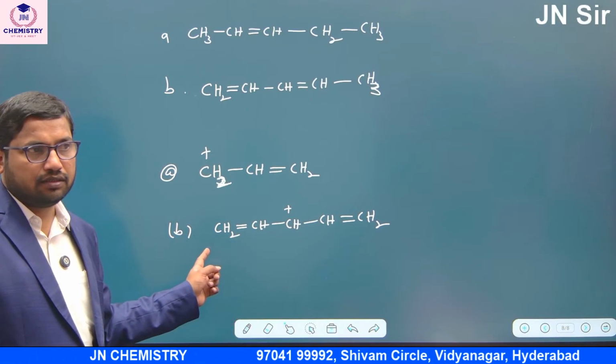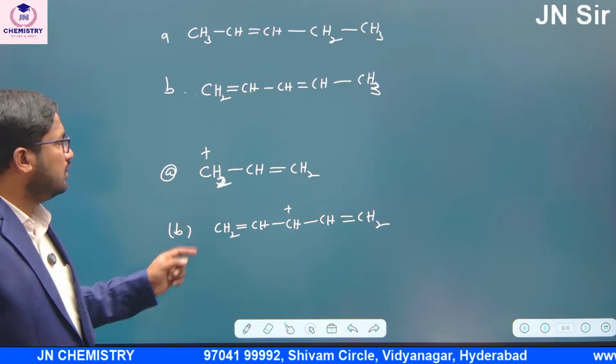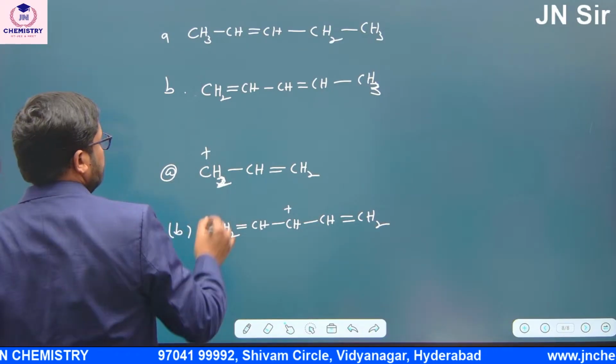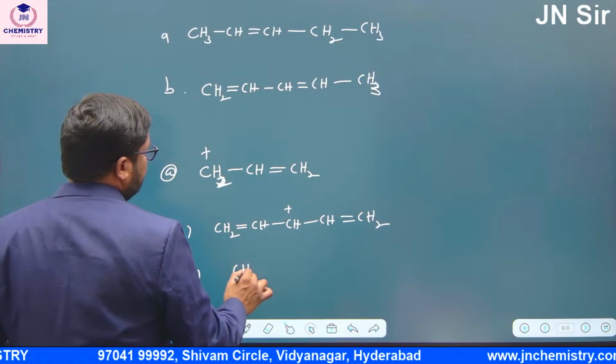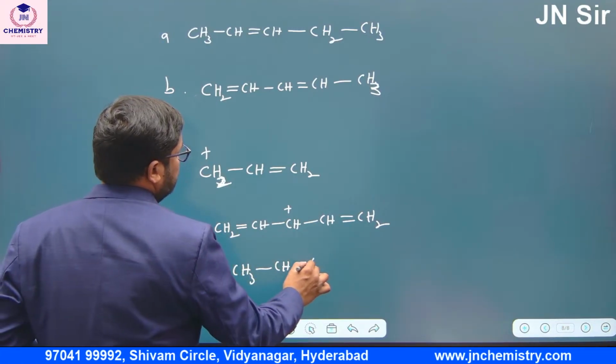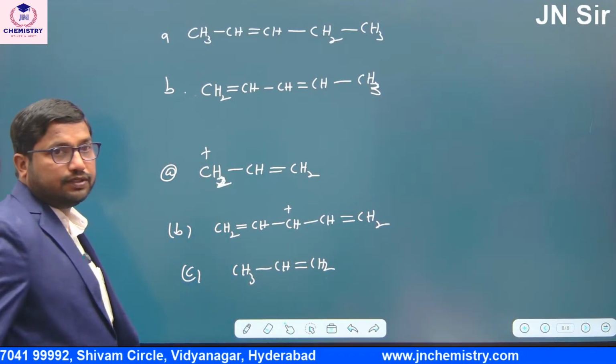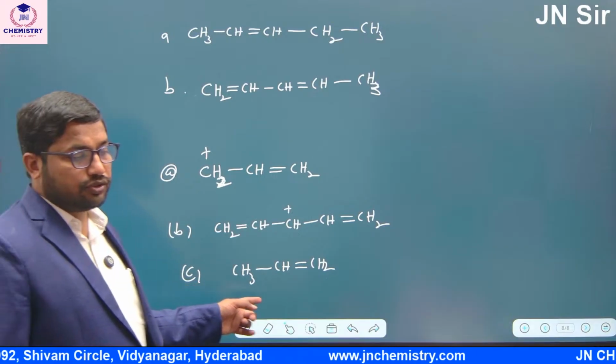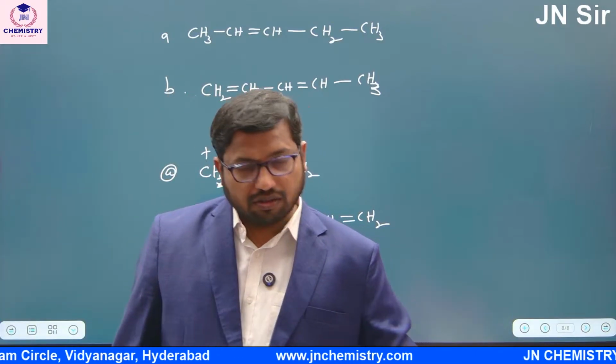For example, if I give some option C, CH3, CH double bond CH2, that is less stable. In this case, resonance is not possible.